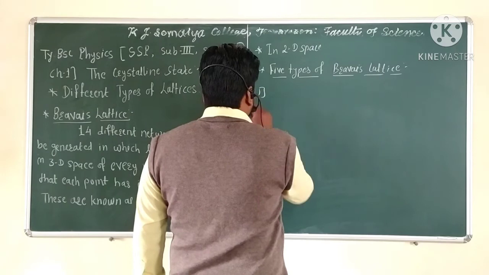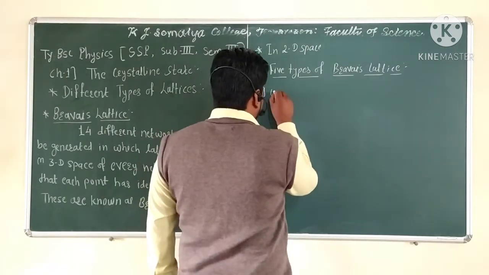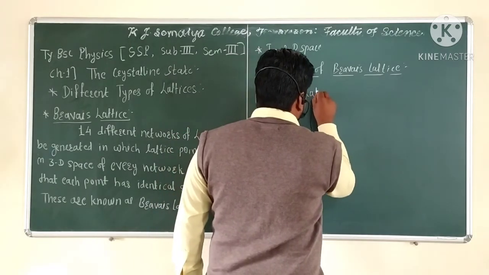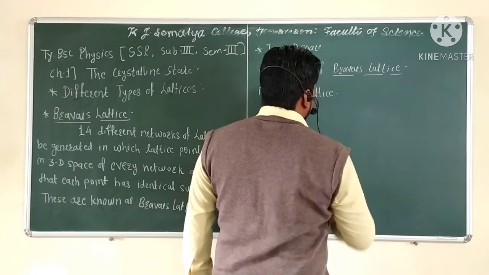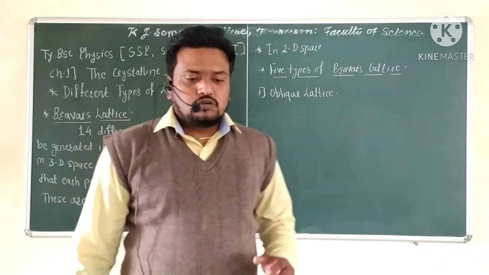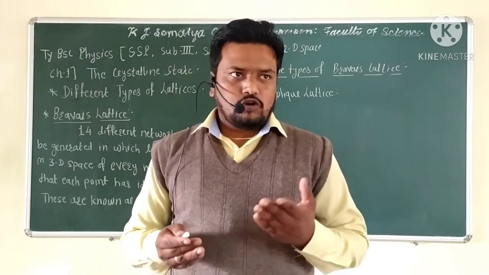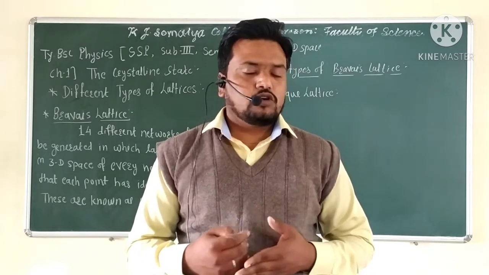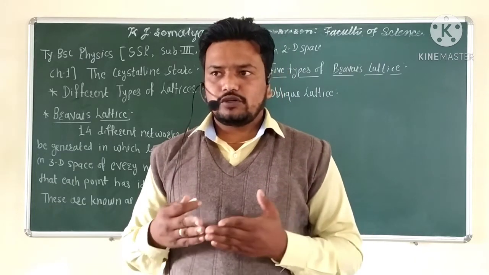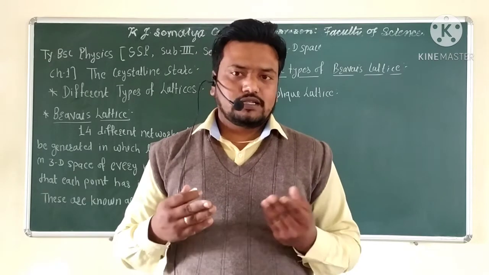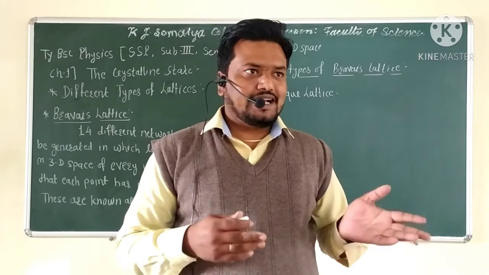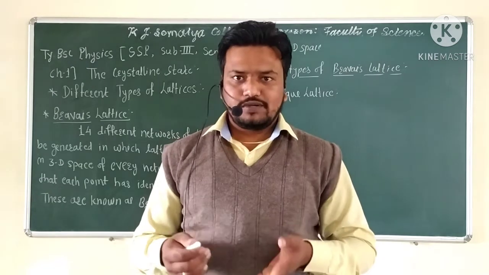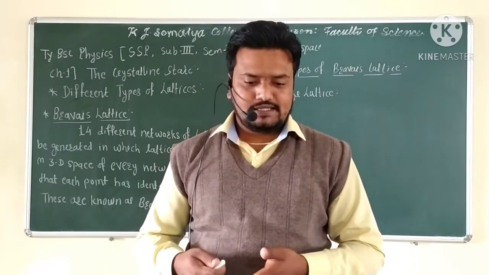So the first type of two-dimensional Bravais lattice is the oblique lattice. What is the property of this oblique lattice, which depends upon two vectors, A and B? What is the relation between vector A and vector B, and what is the angle between them, whether 90 degrees, 120 degrees or something different? Depending on this information we define the oblique lattice.